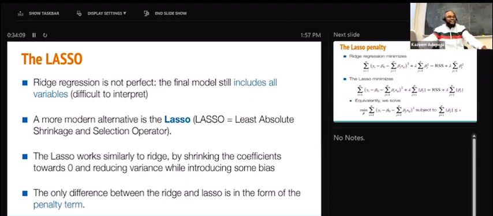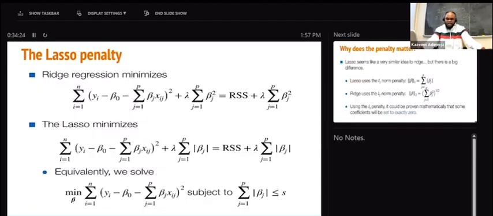Does that make sense now? So because of that, we need an alternative shrinkage method that will completely eliminate the irrelevant variables. And that's why we need lasso. So take a look at that. That's what we have for the lasso penalty. I think I showed you the other time.